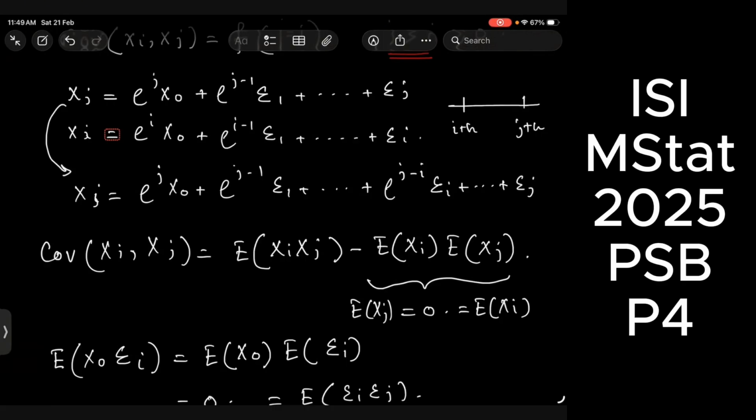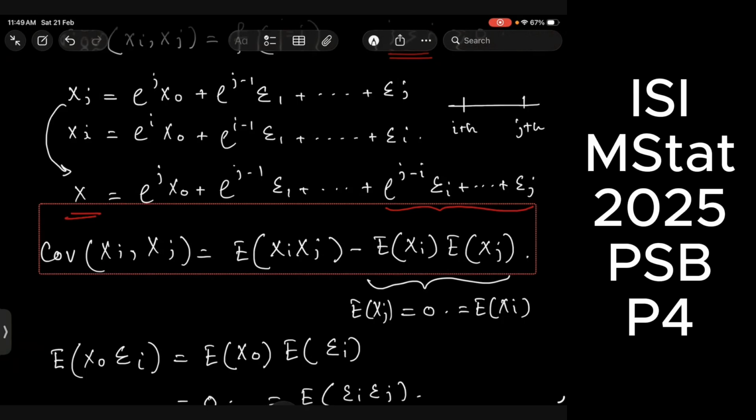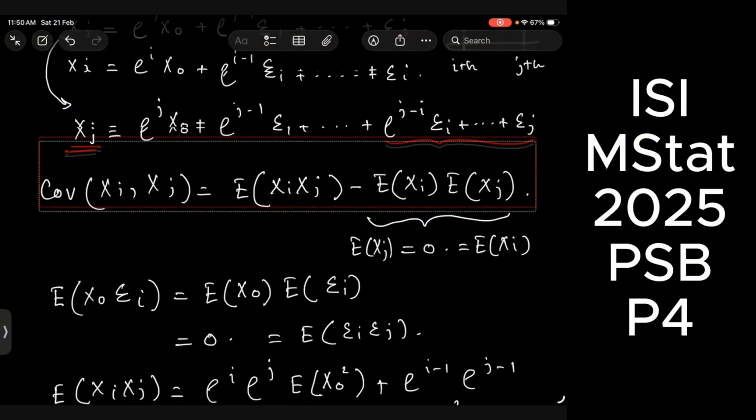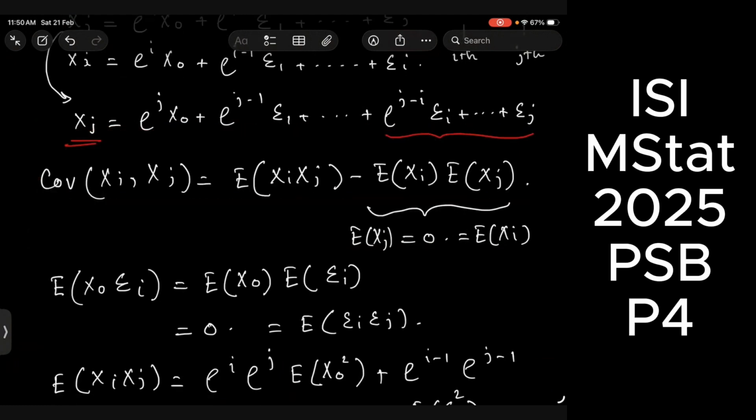So xj will be dependent on each of the terms below xj, so xj minus 1 like that till i, and beyond that till x naught, right? So here we baked in i in this equation of xj. This is j, okay. Tell me if you have got it or not.